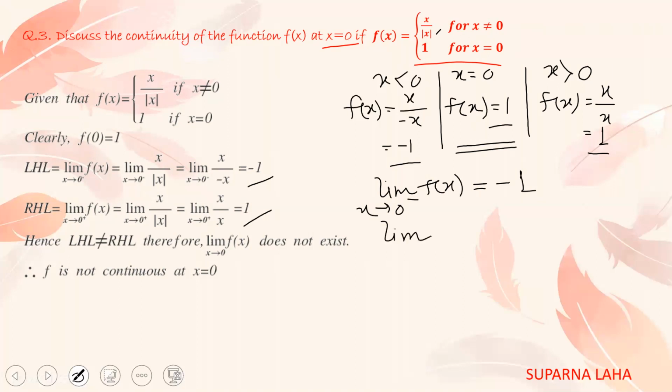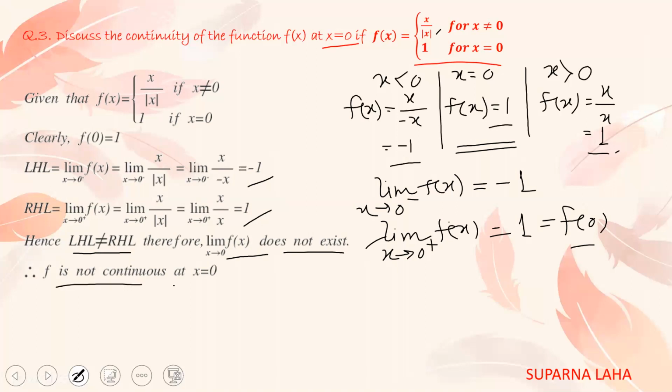Limit x tends to 0 plus f of x, that is plus 1, and f of 0 is also 1. So the right hand limit and the functional value are equal, but the right hand limit and left hand limit are not equal. That is, we can say the limiting value does not exist and f is not continuous at x equals 0. But before 0 and after 0, since they are constant functions, they are continuous, but at 0 it is not continuous. Here is your next problem.